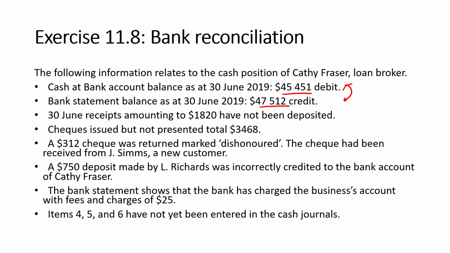Next one, the bank statement shows that the bank has charged the business account with fees and charges of $25. So in this example, items number 4, 5, and 6 have not yet been entered in the journal. So we need to prepare or calculate the adjusted cash book.